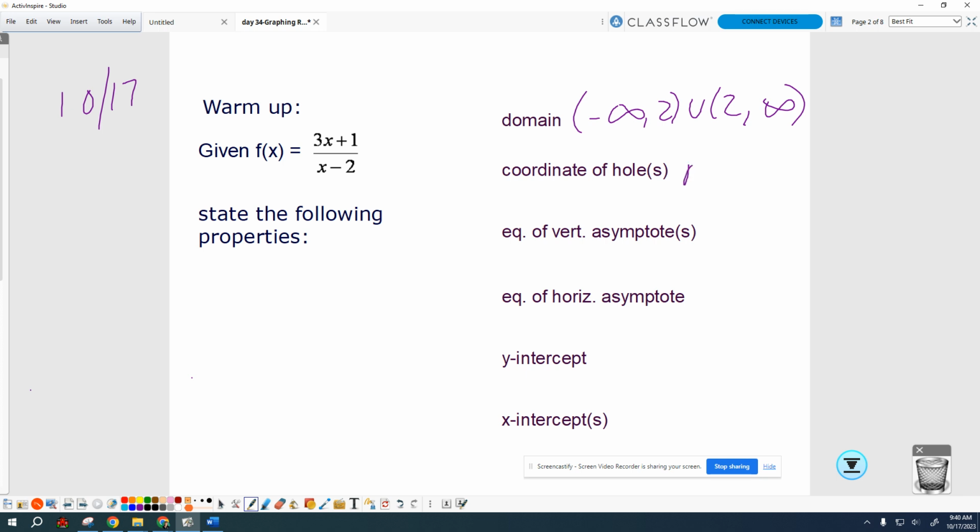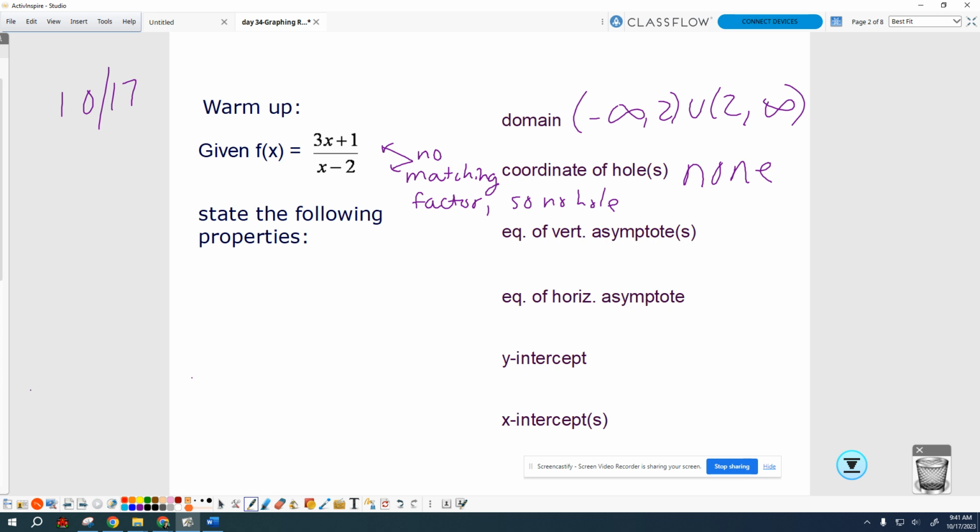There are none, because you don't cross anything out. There's no matching factor in the numerator and denominator to cross out to become a hole, so nothing.